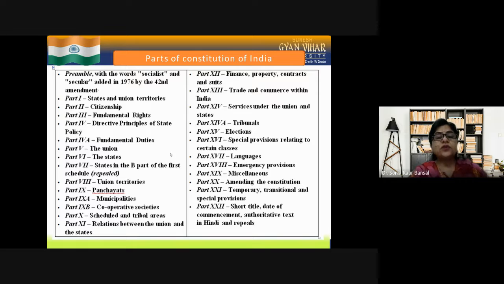So what are those parts of the Constitution of India? Let's see in detail.